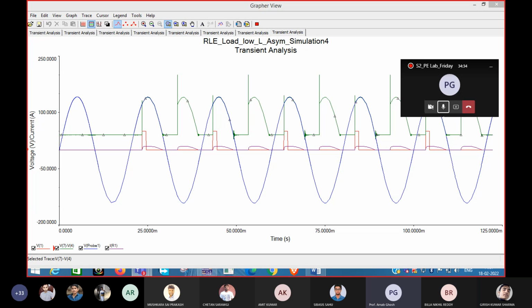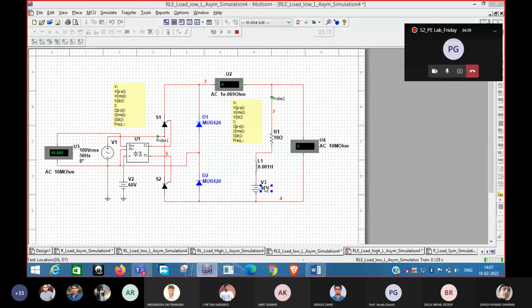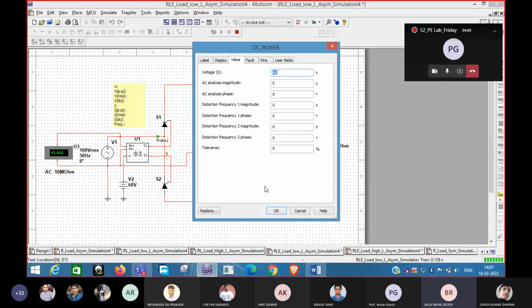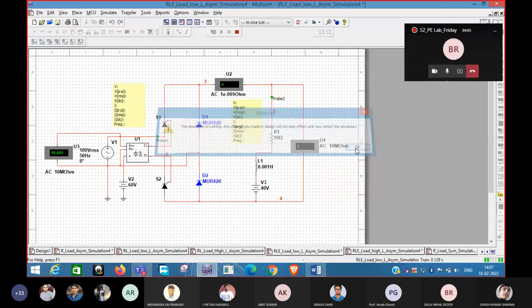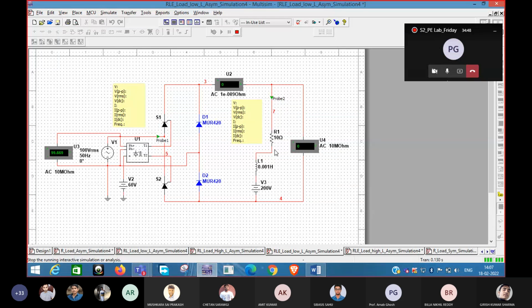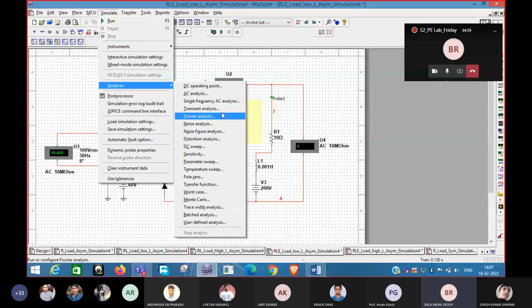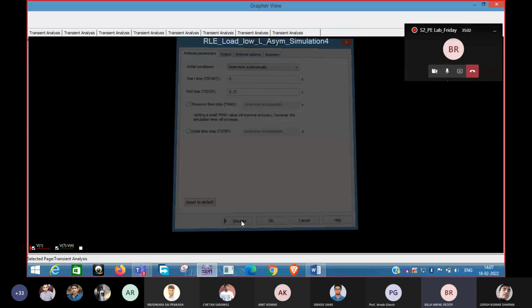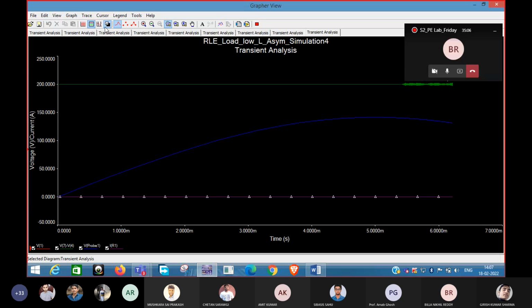Okay, now make your back EMF 200 volt. So it is not working.